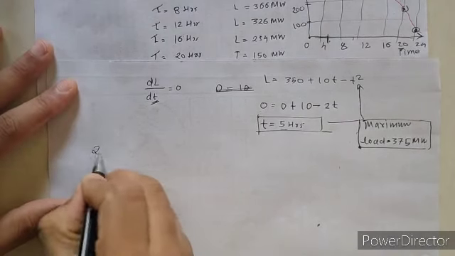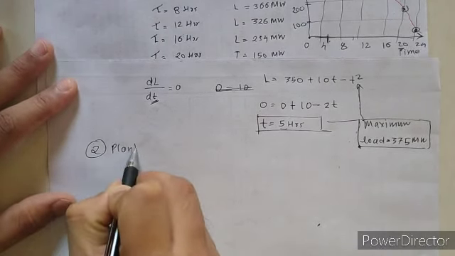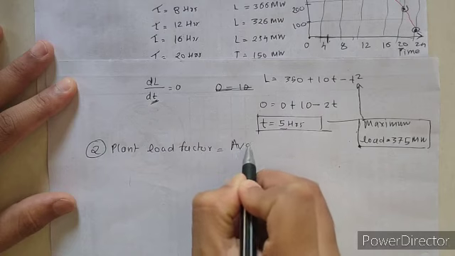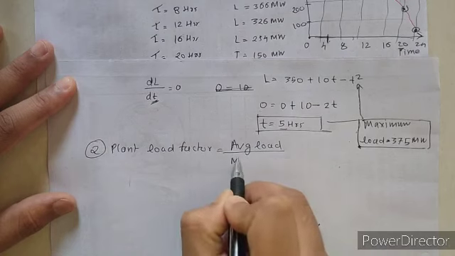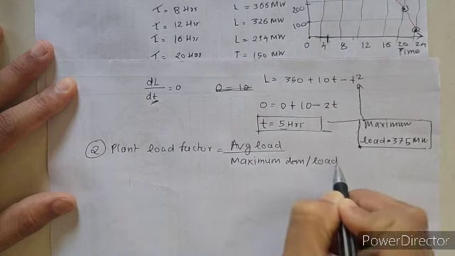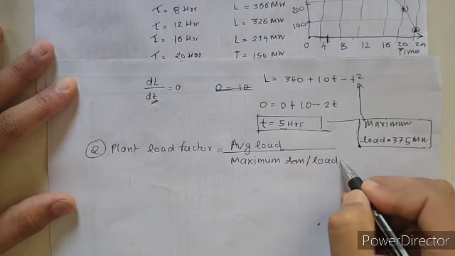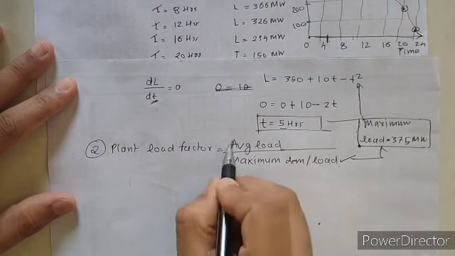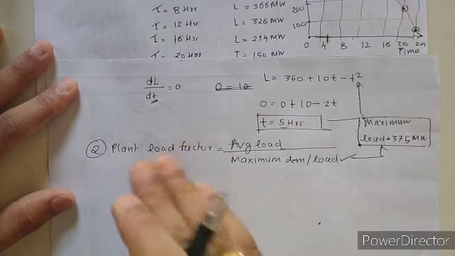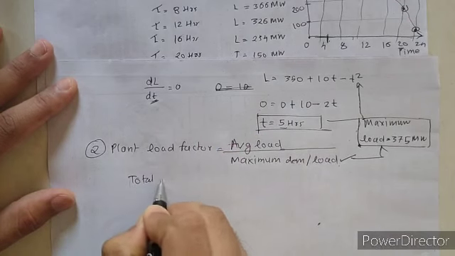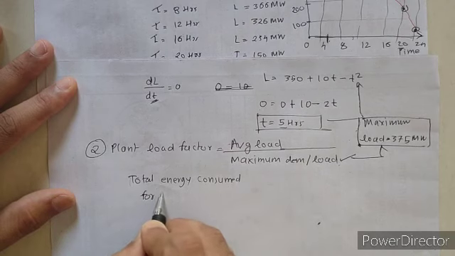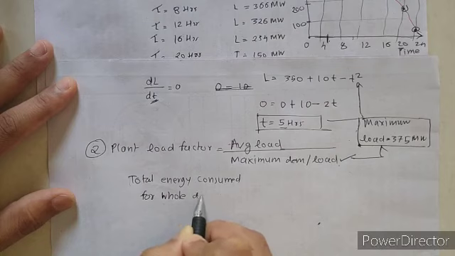The second is plant load factor, which is nothing but the average load upon maximum load. Now we have calculated the maximum load. To calculate the average load we need to determine the total energy consumed for the whole day.